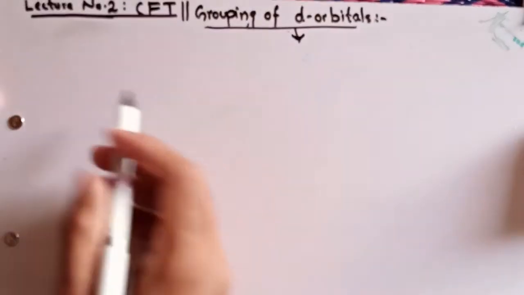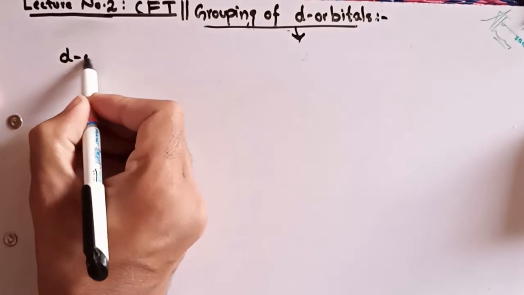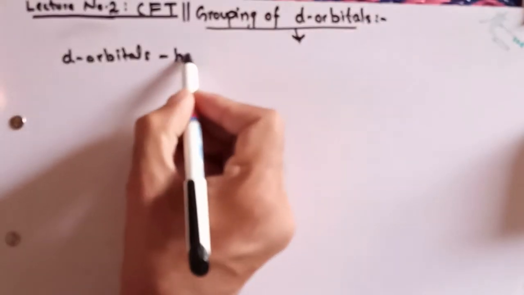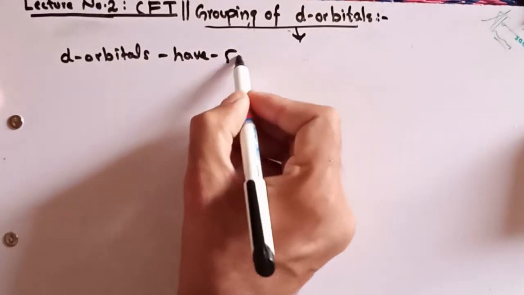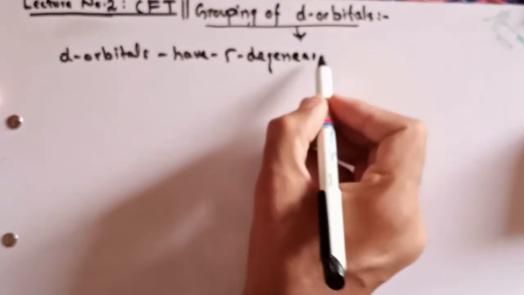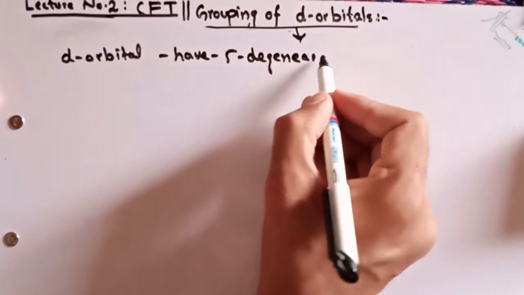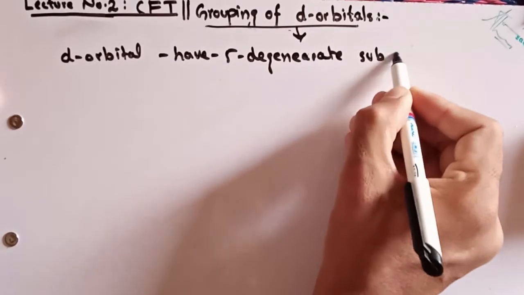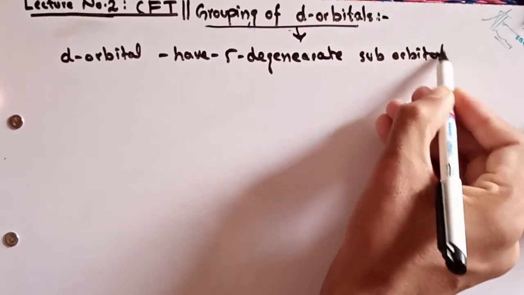I already told you in previous lectures that d orbitals have 5 degenerate suborbitals.